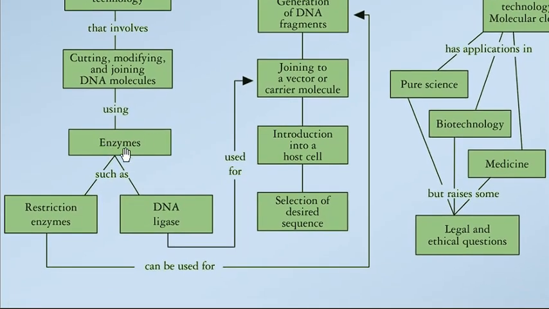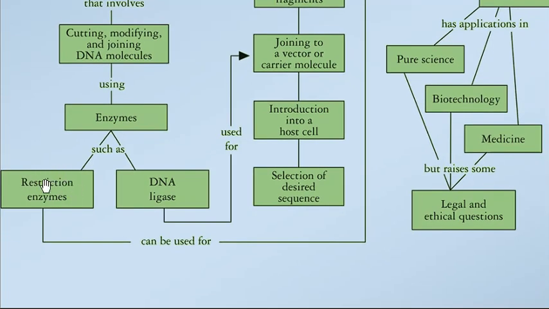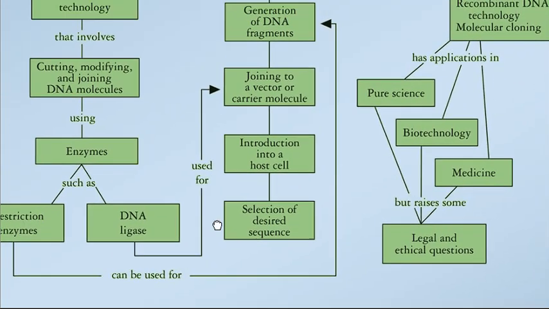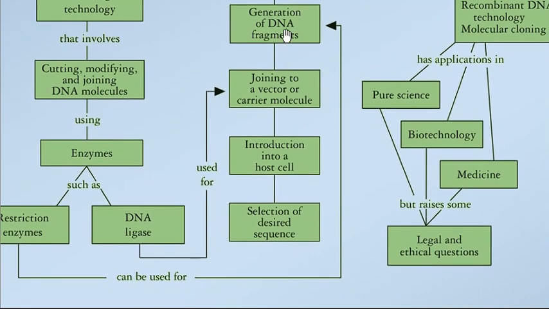Using enzymes, for example, DNA ligase or restriction enzymes. So restriction enzymes can be used for generation of DNA fragments. After that, the generated DNA fragments will be joined together or to vector or carrier molecules using DNA ligase.